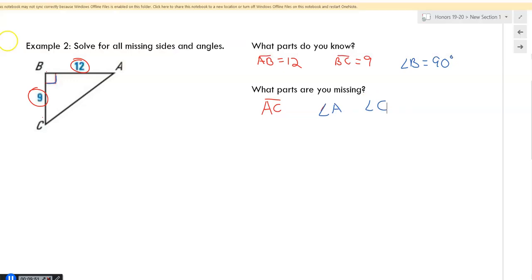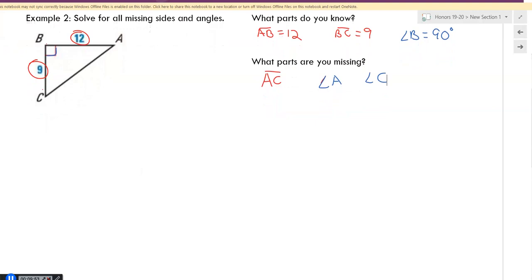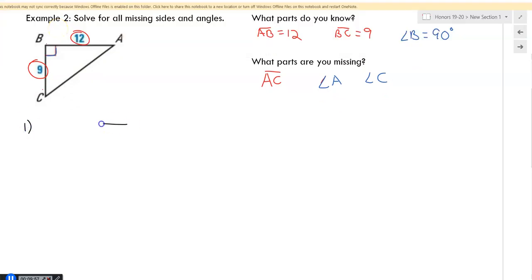So I'm going to start by redrawing my triangle. All right, this is going to be my first part, to solve for this AC side first. So x goes there. And now on this side, I have two of my sides, and I want to find my third side. I'm just going to use Pythagorean theorem.